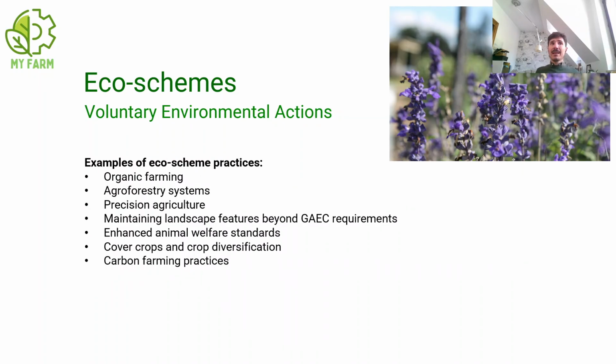There are some examples of eco-scheme practices. For example, organic farming, agroforestry systems, precision agriculture, maintaining landscape features beyond the GAEC requirements, enhanced animal welfare standards, cover crops and cover crop diversification, and carbon farming practices.